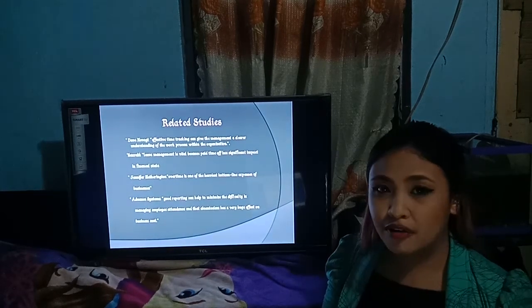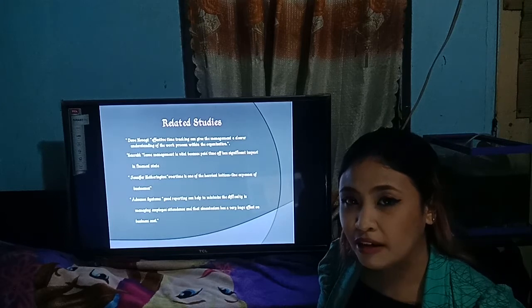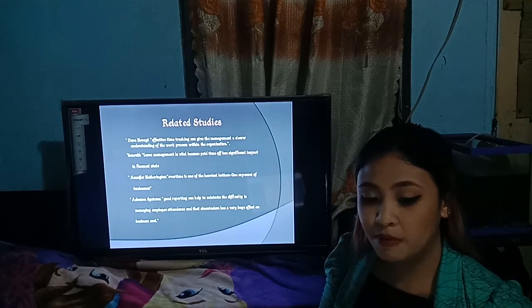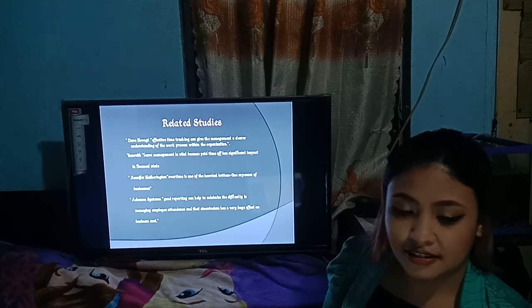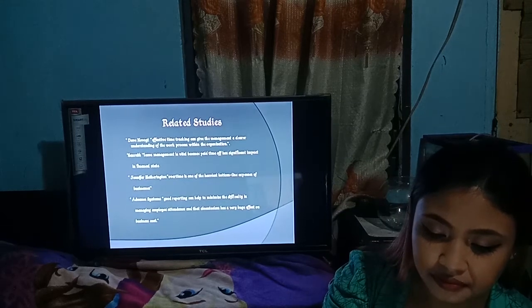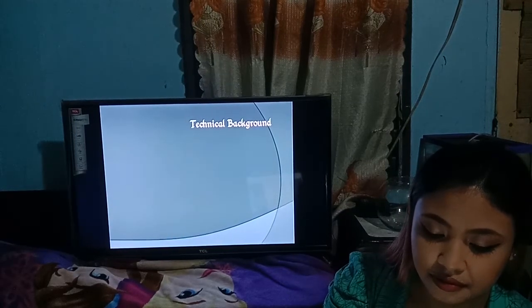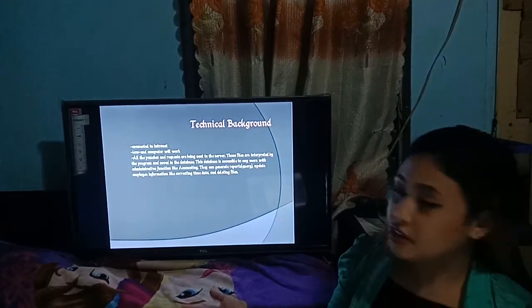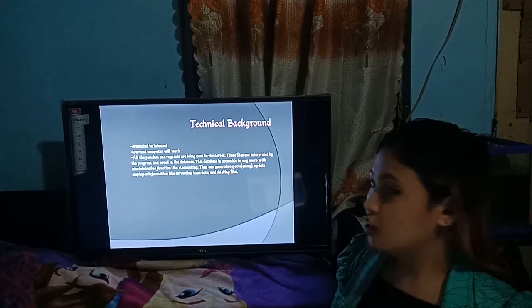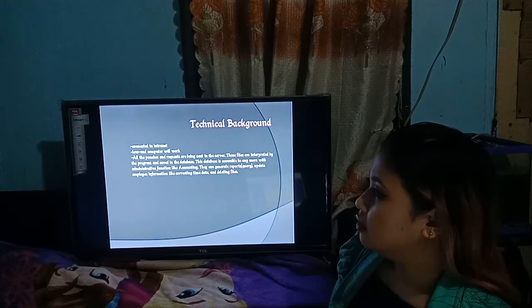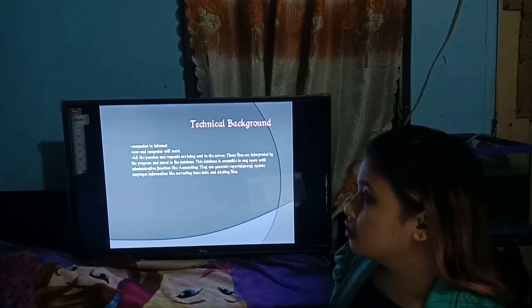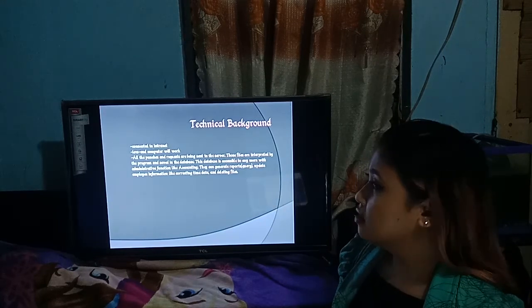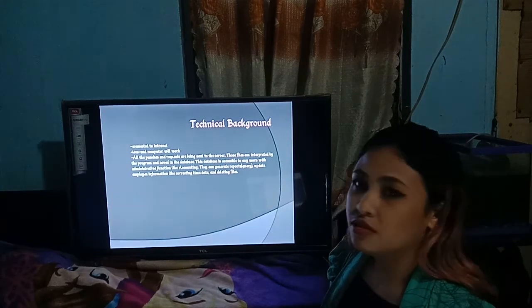For the technical background, since I already provided the features of my system, I will provide you additional details. My system is connected to an intranet or the local network. A low-end computer will work, and all the punches and requests are sent to the server.